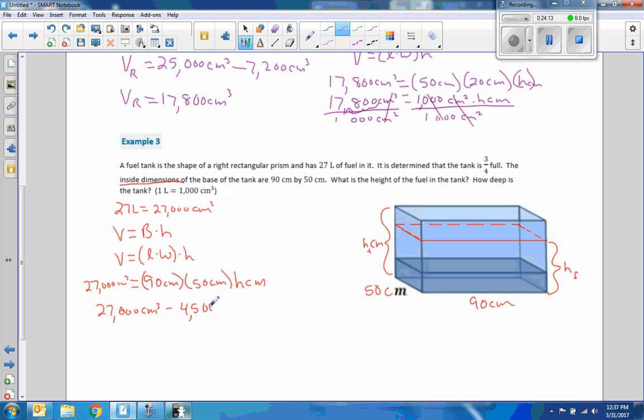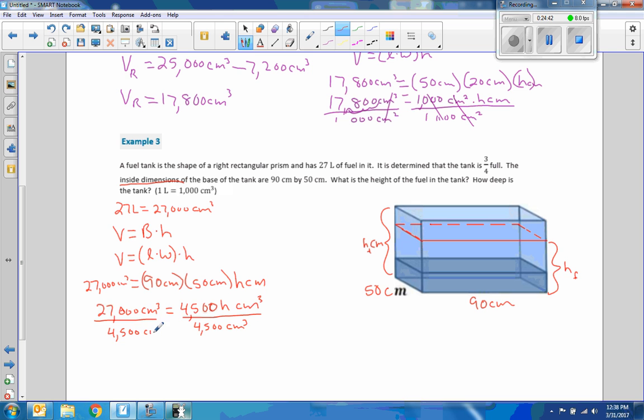Okay, let's see. H centimeters. So 90 times 50 is 4,500 times H centimeters. And they're equal. So to find out what H is, we are going to divide by 4,500 centimeters cubed.